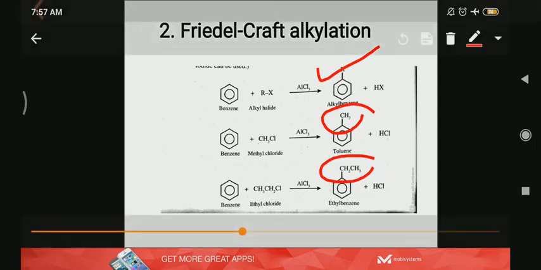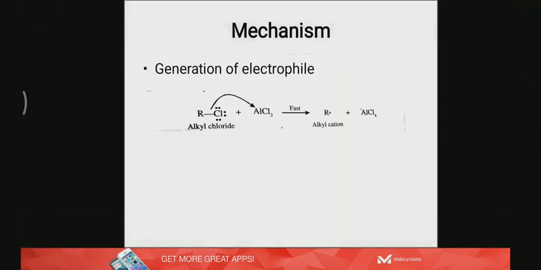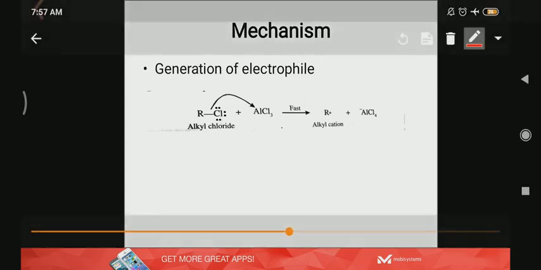Let's go to the mechanism now. As usual, initially it is generation of the electrophile. RCl or alkyl halide interacts with the catalyst, that is AlCl3. We know that AlCl3 is a Lewis acid which can accept electrons. So what happens?